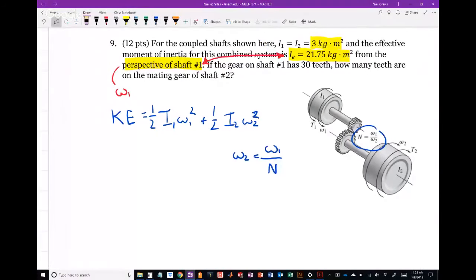Okay, so when we put that now into this kinetic energy equation, this is going to be 1/2 I1 omega 1 squared plus 1/2 I2 omega 1 squared over n squared.